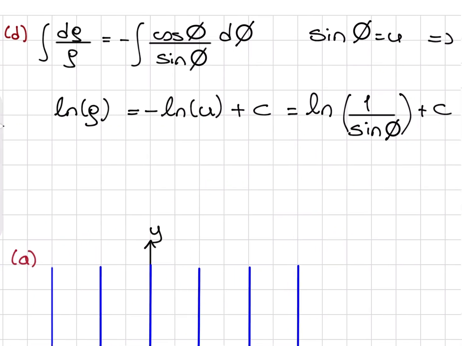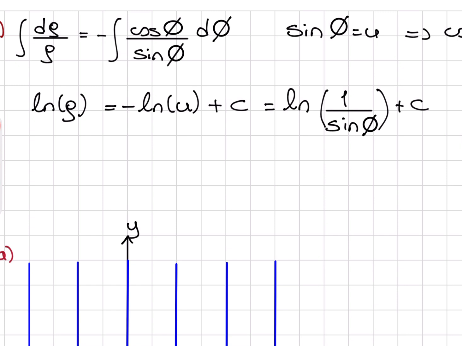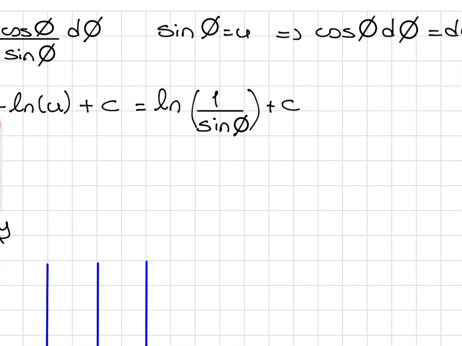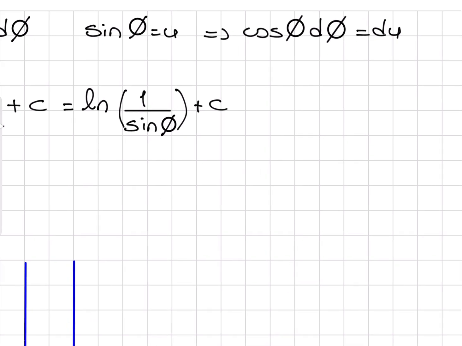So let's keep this as a constant c. And this gives me, if I take the exponential of both sides, rho of phi to be e to the c multiplied by e to the natural logarithm of 1 over sine phi, so it's 1 over sine phi.